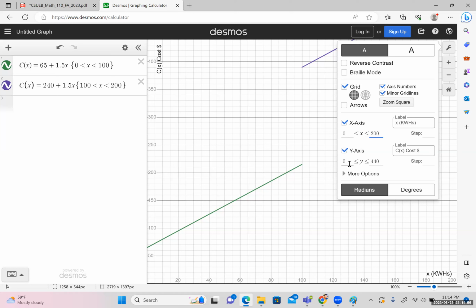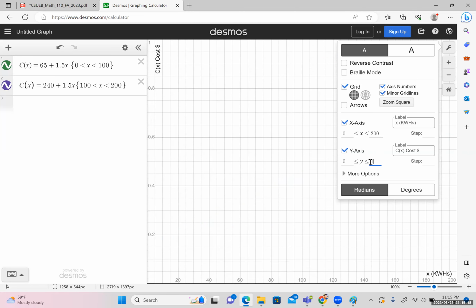But for the y values, I need to know the maximum cost for 200 people. So I can use 0 to some thousand, let's say 1,000 hundreds.